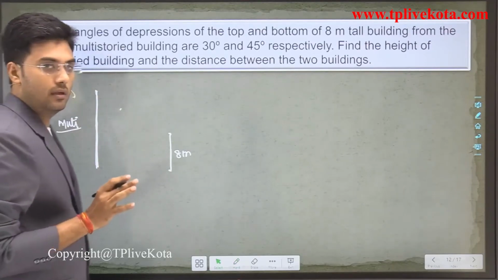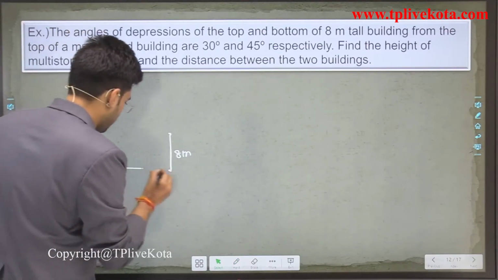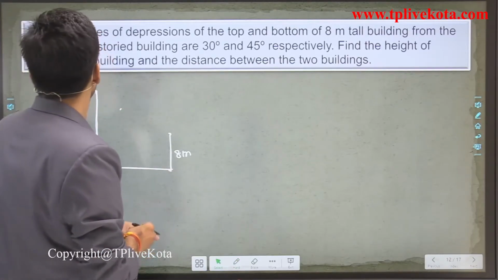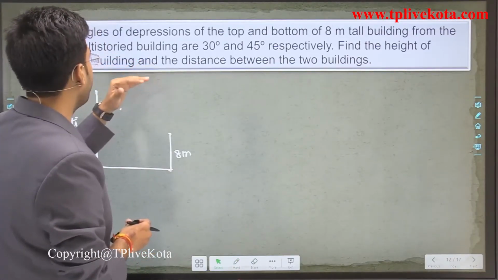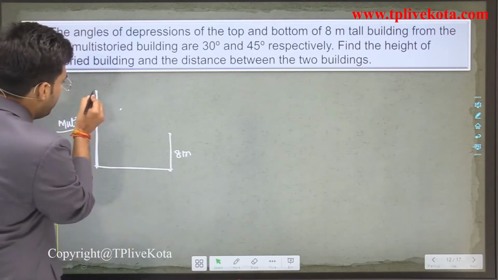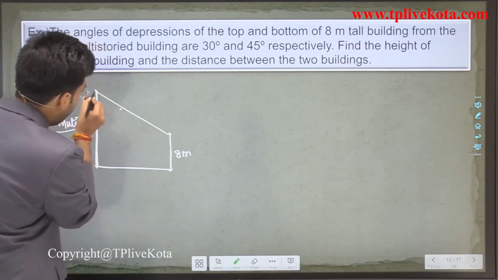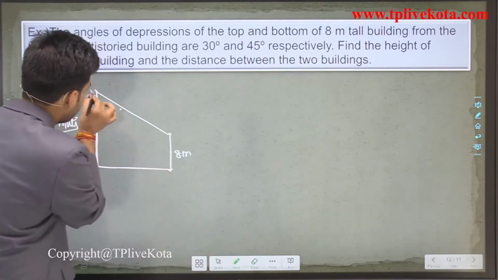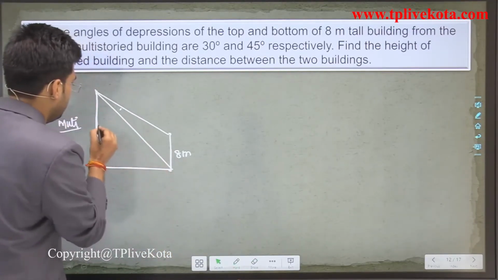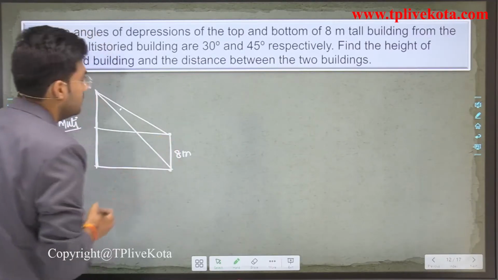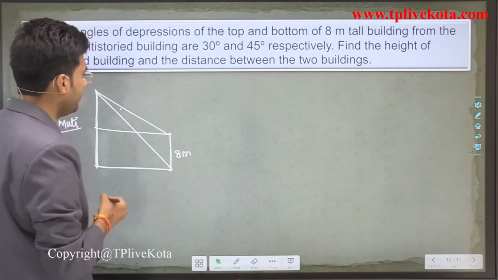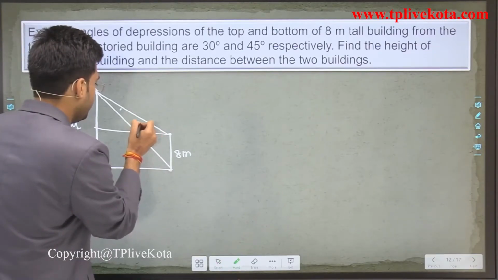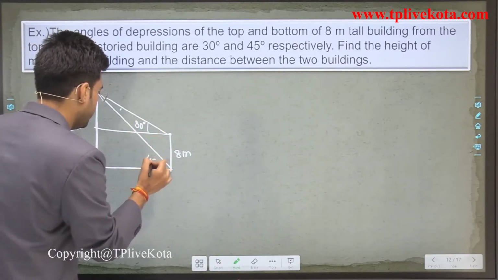Clear? Now it is given that the angle of depression of the top and the bottom are 30 degree and 45 degree respectively. So this is 30 degree and this is 45 degree.